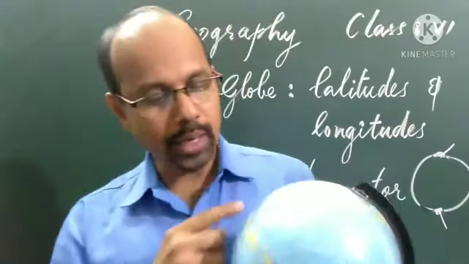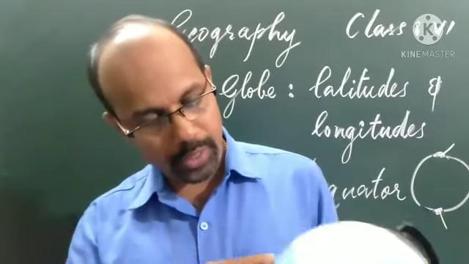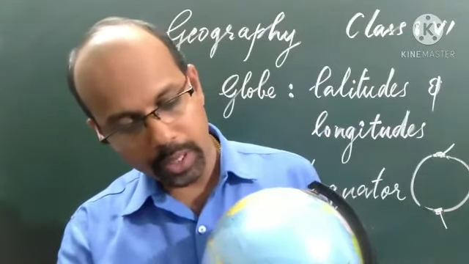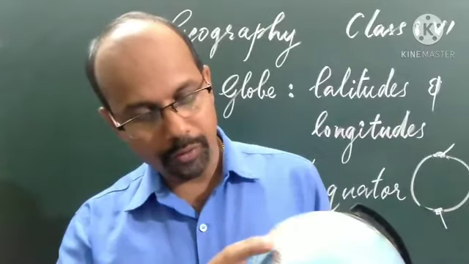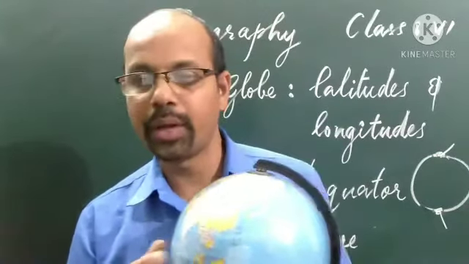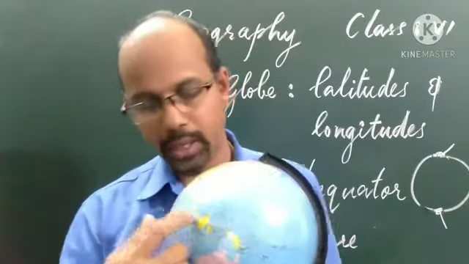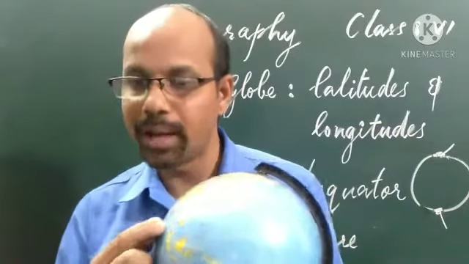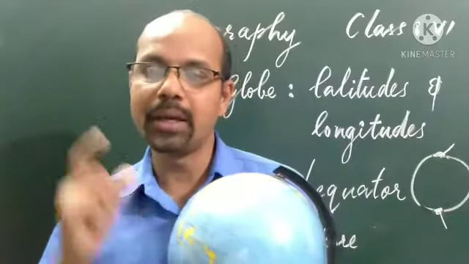Now another important line we can find at the center of the earth, a very important line, because here we can find the exact center part of the earth bulging out, and there is a line passing horizontally that we call the equator.